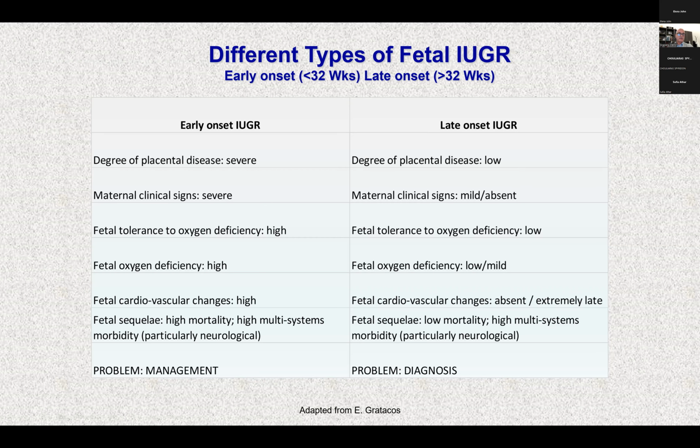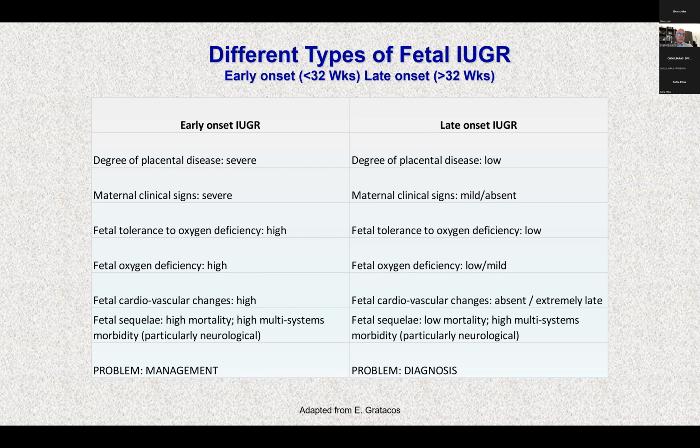Generally, the fetal tolerance to oxygen deficiency is high in the early onset, but is low in the late onset. So fetuses with late onset IUGR are more fragile than fetuses with early onset IUGR.